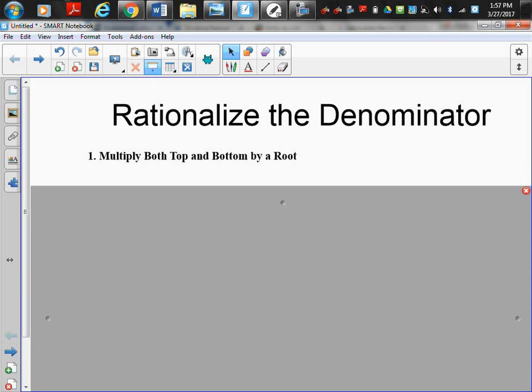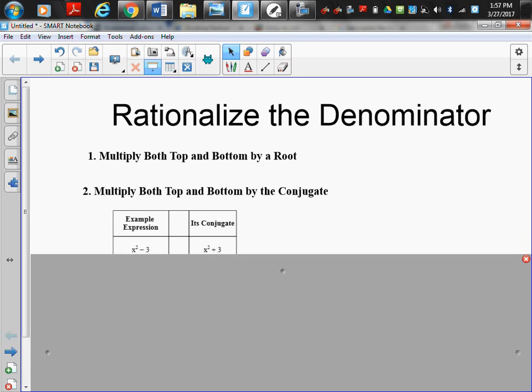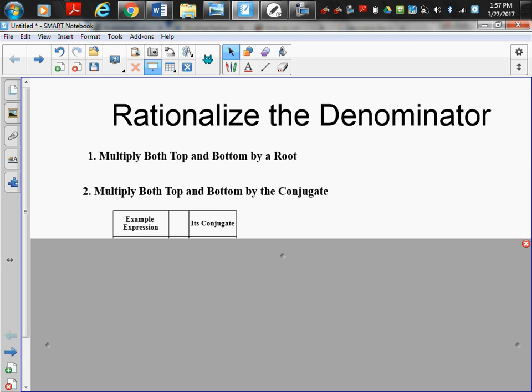All right, the second thing is multiply both the numerator and the denominator by the conjugate. So first thing you look at is see if all you have to do is multiply it by a root. If that's not going to work, then you look and see about multiplying by the conjugate.